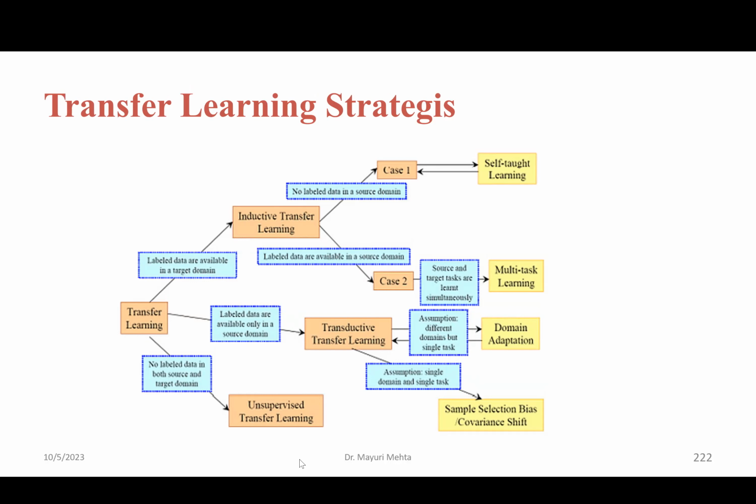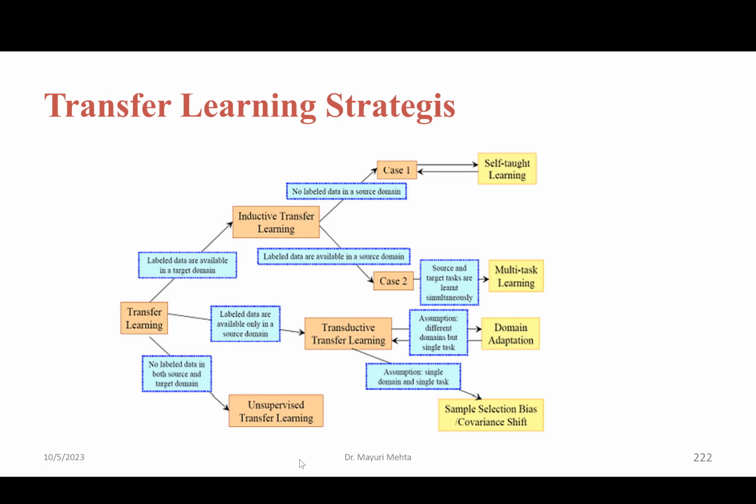Of course, we know that if it is unlabeled data, then unsupervised transfer learning will be used, right? So this strategy can be applied based on the domain of the problem, task at hand, and the availability of data. Based on the transfer learning methods, they can be categorized in these three categories.